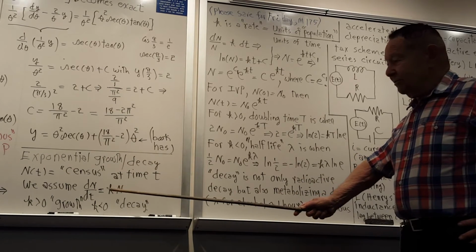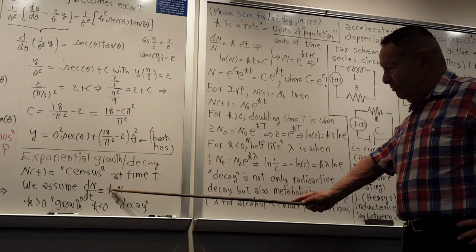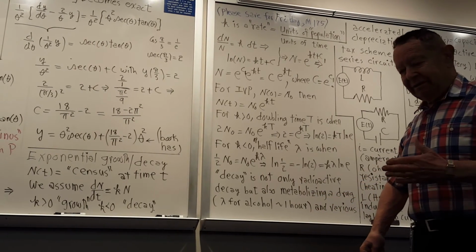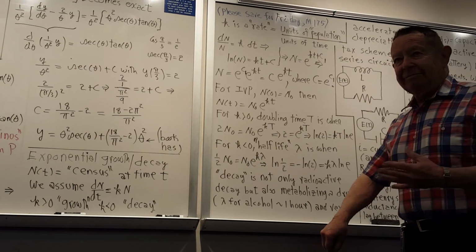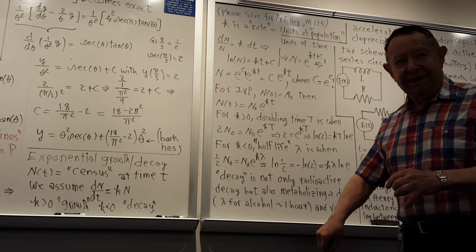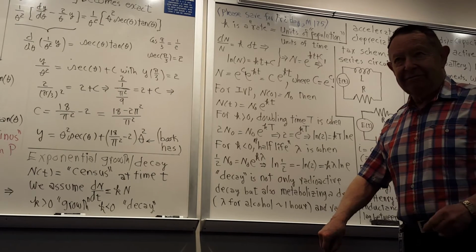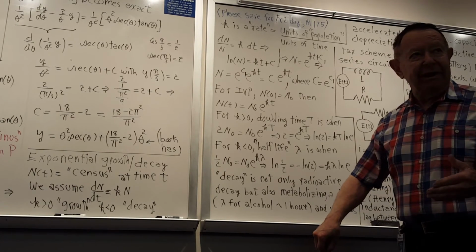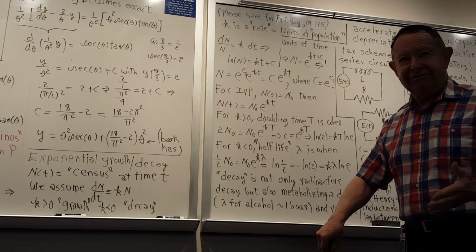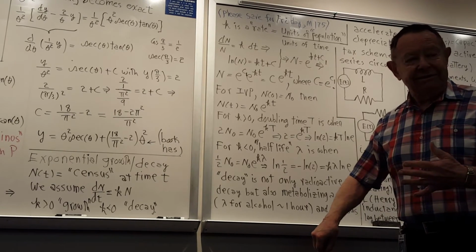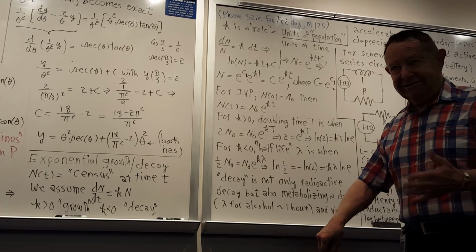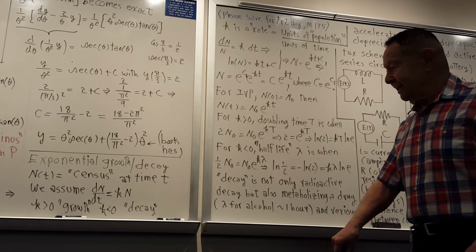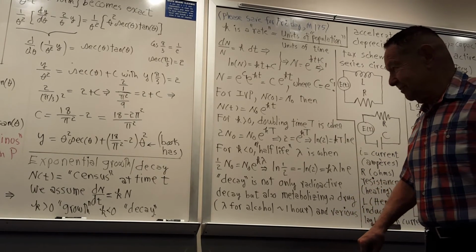Now, proportional to what? If it's growth, it's proportional to the population that has accumulated at a given time. And this, of course, could be money at compound interest just as validly as it's people, say, or any other kinds of critters.